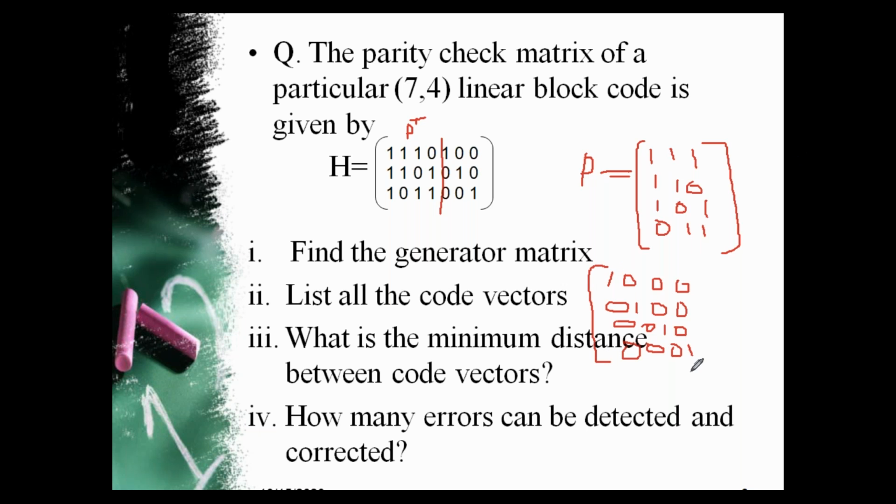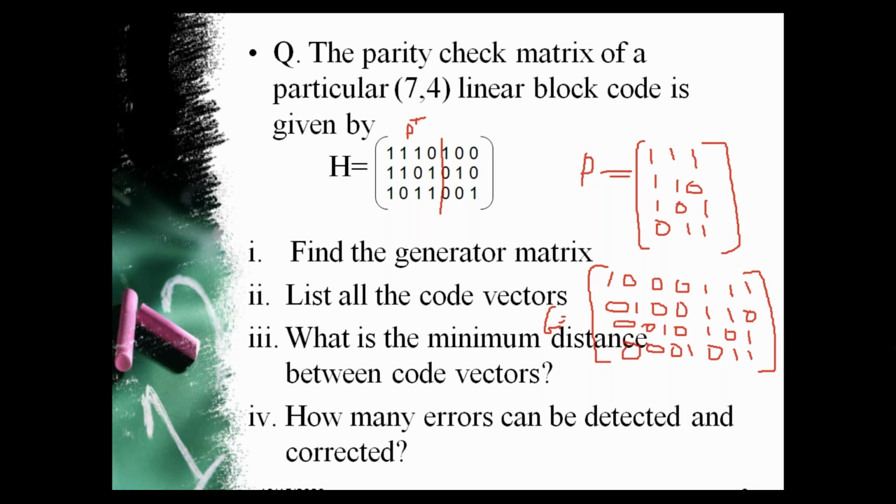Then rewrite the P submatrix to the right of that identity matrix: 1 1 1, 1 1 0, 1 0 1, 0 1 1. Okay, this is the generator matrix. That is the answer to the first question. Hope that you have got it. G is equal to this.